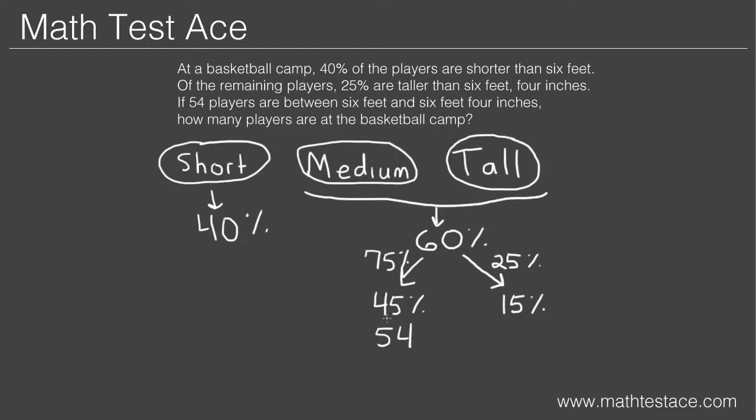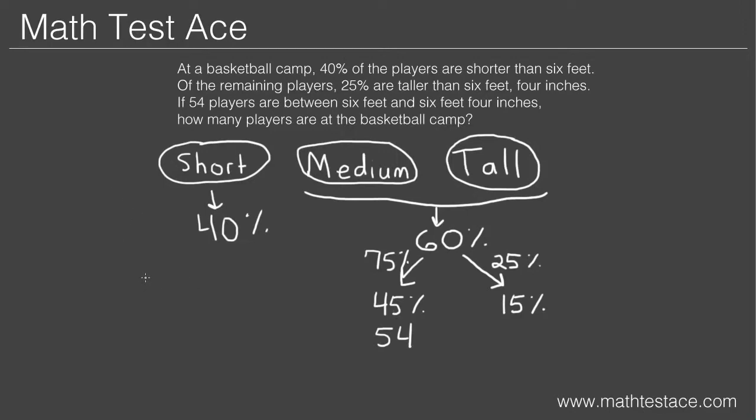So we know that 45% of the total number of players is 54 players. But what we want to know is how many players are there in total, or another way to say that, how many players are 100% of the players.